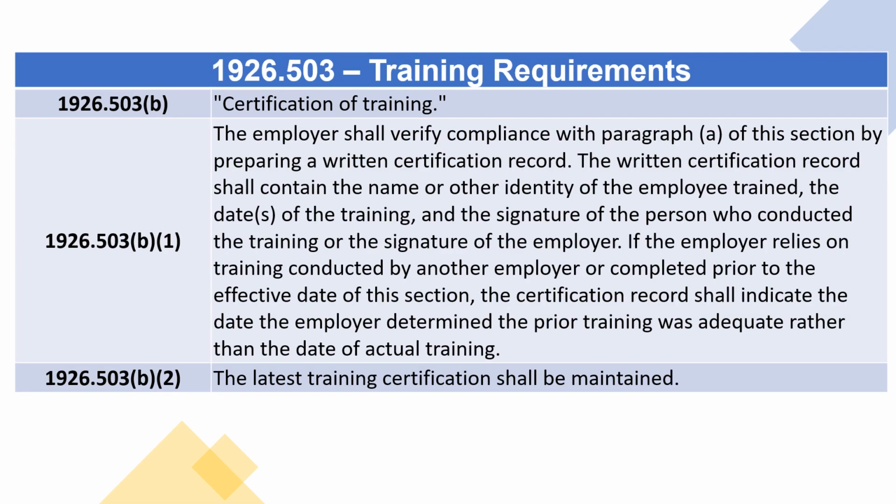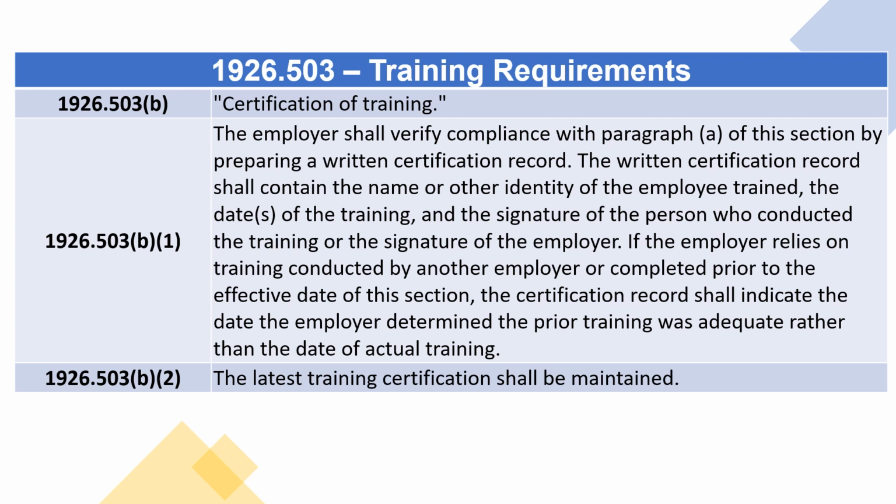1926.503(b). Certification of training. 1926.503(b)(1). The employer shall verify compliance with paragraph (a) of this section by preparing a written certification record. The written certification record shall contain the name or other identity of the employee trained, the dates of the training, and the signature of the person who conducted the training or the signature of the employer.